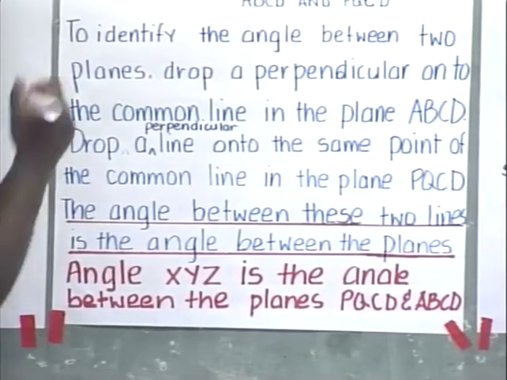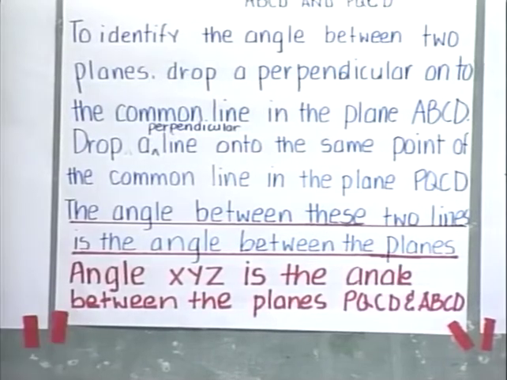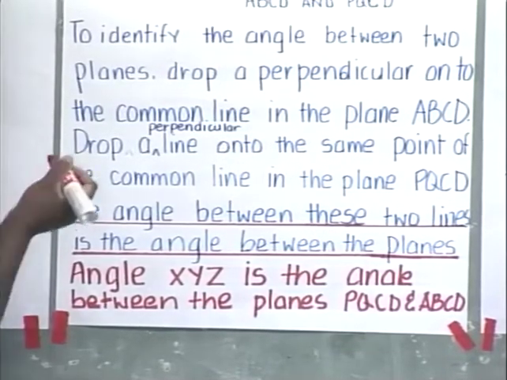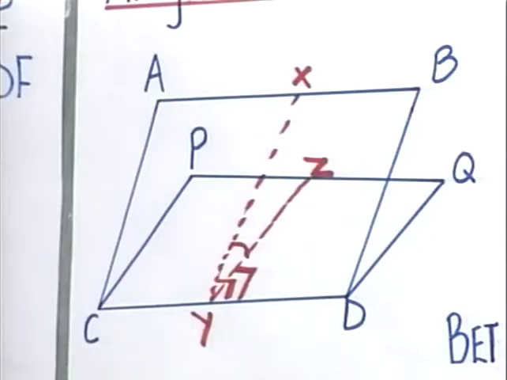So this angle here, if I can call it X, Y, and Z. Okay, angle XYZ is the angle between the planes PQCD and ABCD. Is it clear?